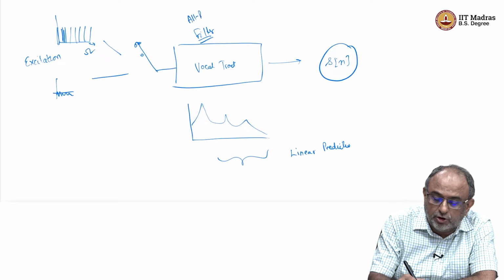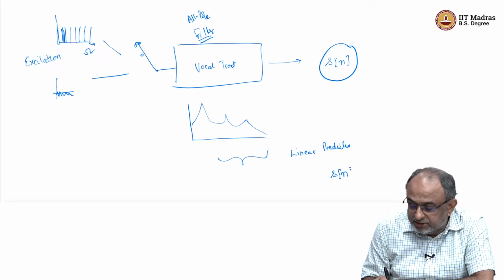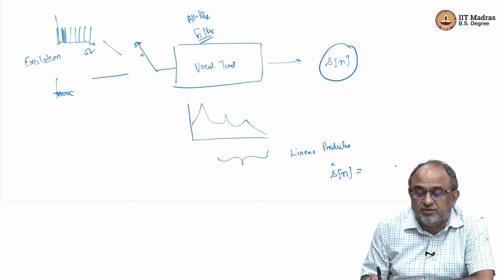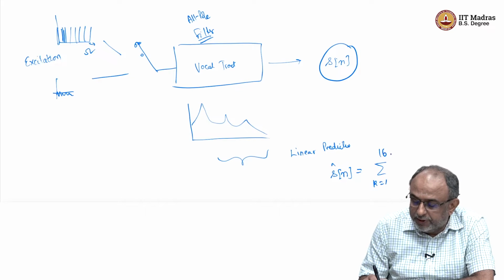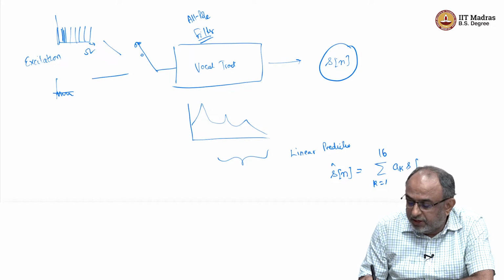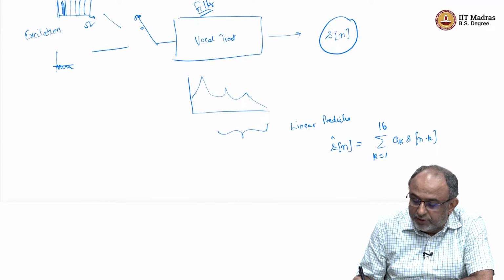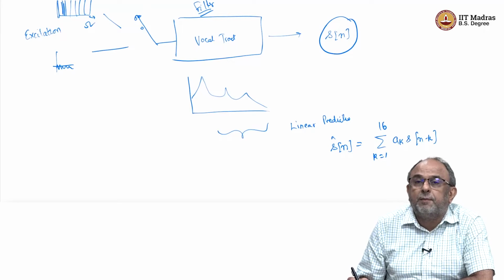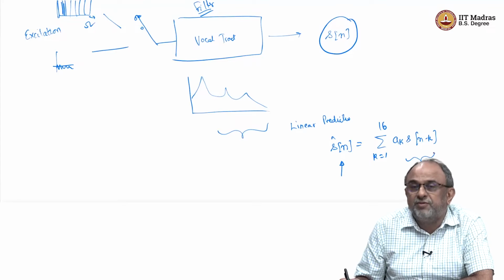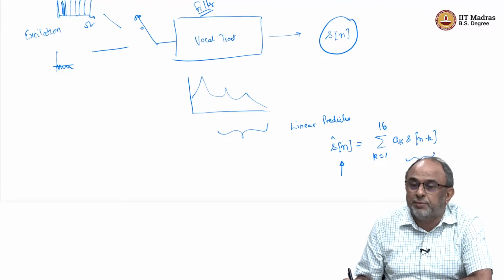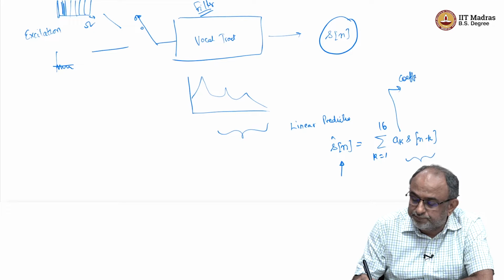Normally we have an all-pole representation for this, and the equivalent is that the nth sample can usually be very well represented by some 16 previous samples. This is called linear prediction. I am predicting the nth sample based on the previous 16 samples, n minus 1 up to n minus 16, and these are the coefficients of the linear combination.